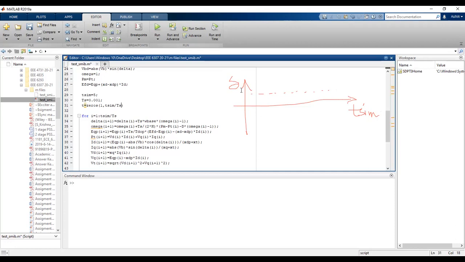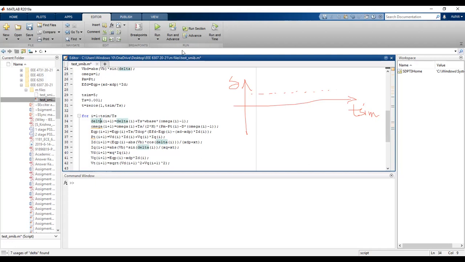That means I'm looking for the first value of delta with respect to the first value in the vector stored in the variable t. Ultimately, we'll be having 5 divided by TS, or TSIM divided by TS. And that should be the same value that we are calculating over here, TSIM divided by TS. So for all the values calculated here, we are actually getting a corresponding value in the time vector.